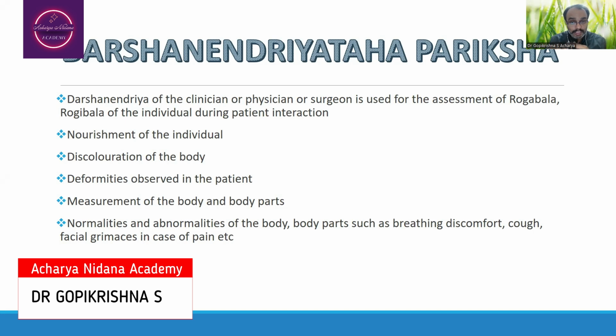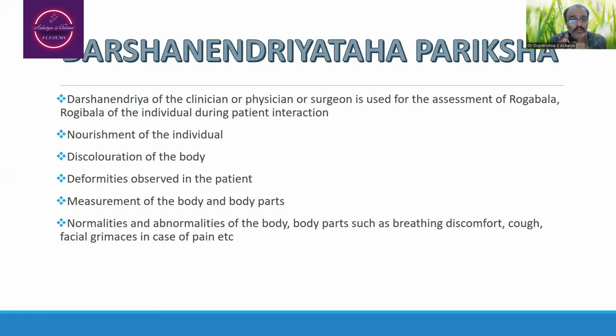To know about the day-to-day changes, we need to know about the measurements of the abdominal girth. In cases of the person who is suffering from huge knee joint swelling, to know about the progress in the treatment, we need to know about the measurements also. So, like that, the measurement of the body parts requires the Darshanendriya itself.